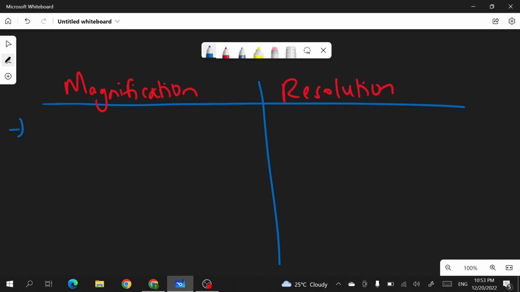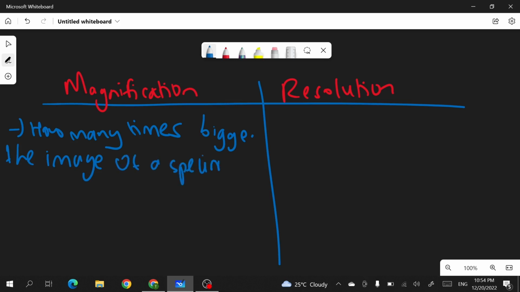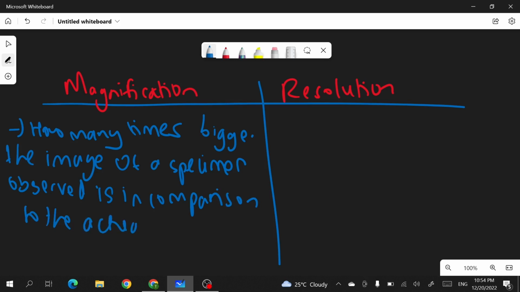So magnification is simply how many times the image of a specimen observed is in comparison to the actual one. Alright, so you've got examples.